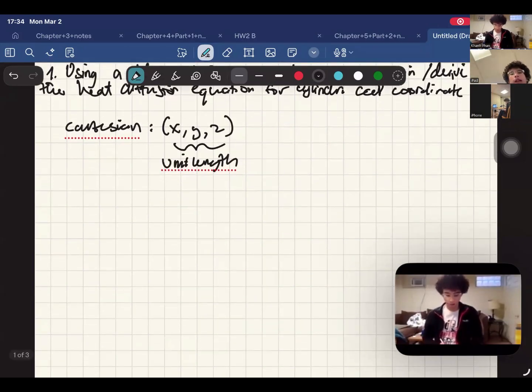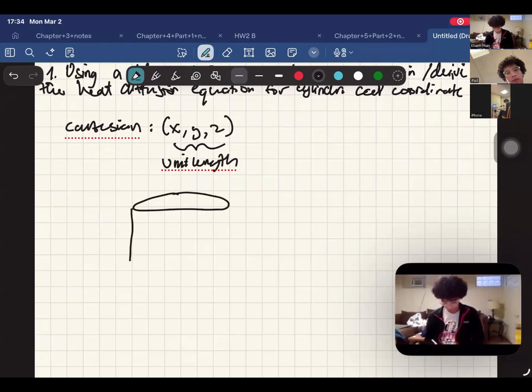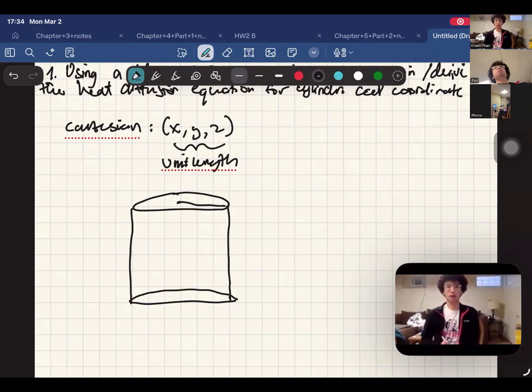But for example, in a cylinder like this, we have the height and the arc length and the radius, but the arc length is made from the angle in radians, which is not unit length.